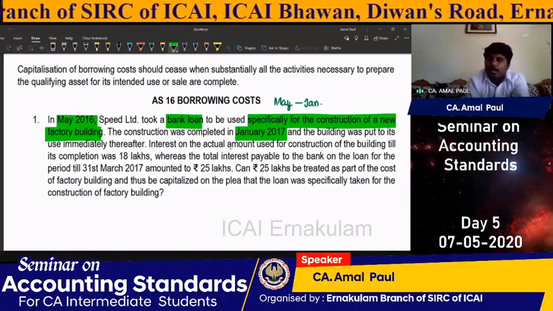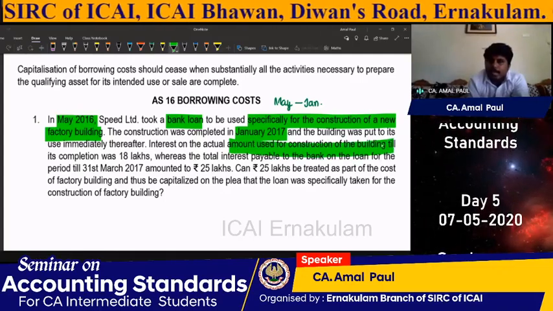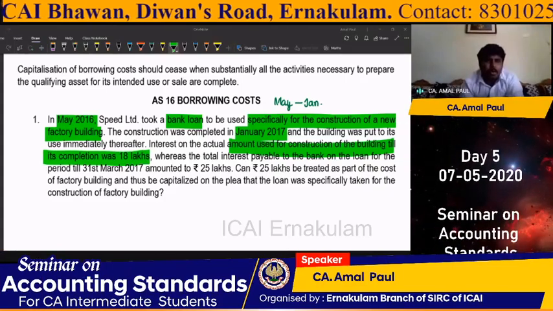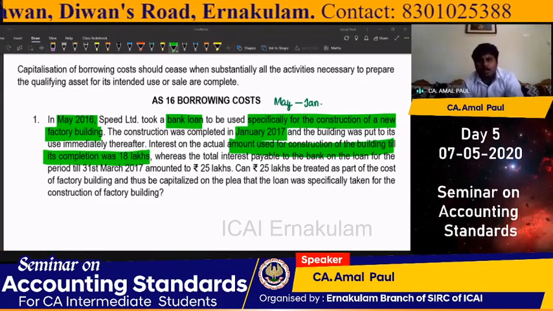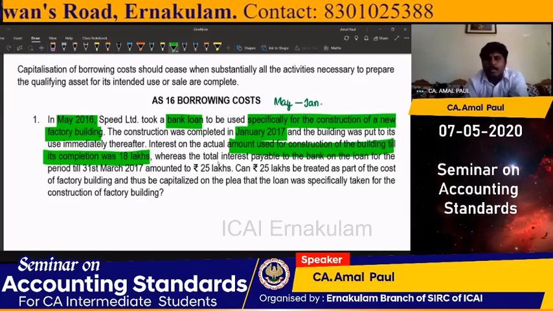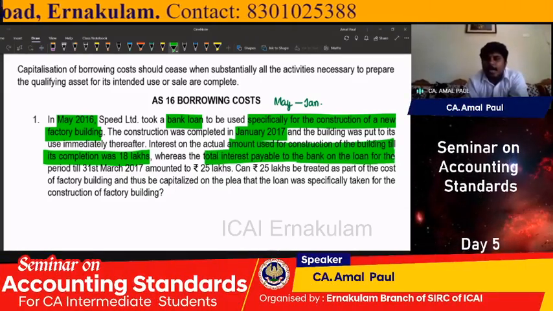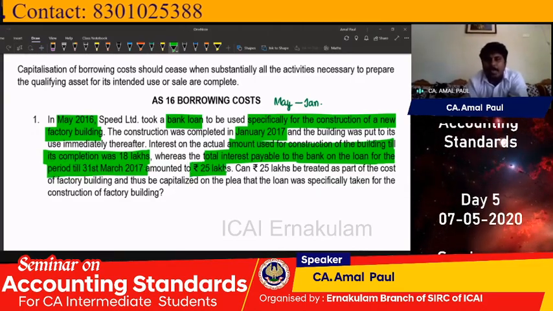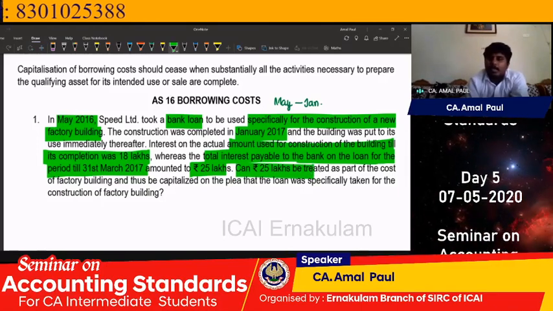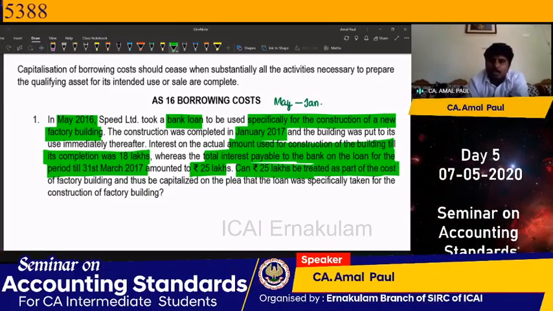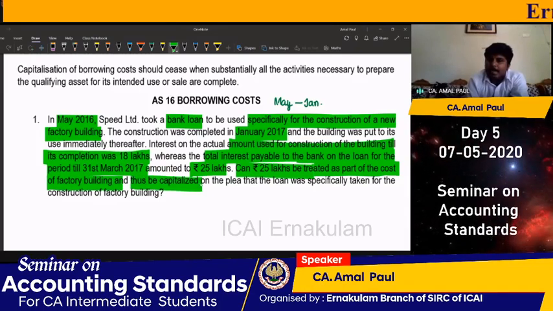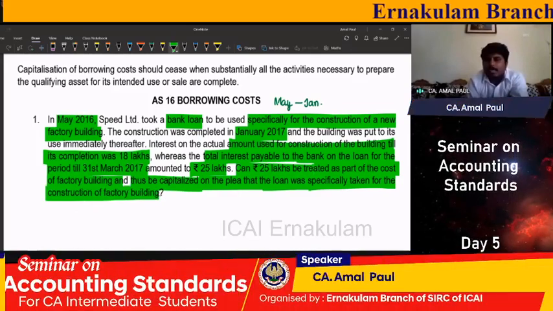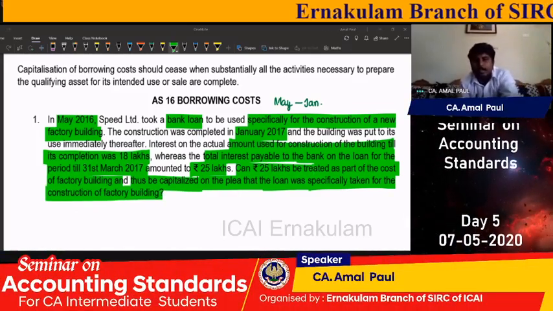Interest on the actual amount used for construction of the building till its completion was 18 lakhs. Till completion, you had only incurred 18 lakhs as your borrowing cost, but total interest payable to the bank on the loan till 31st March 2017 is 25 lakhs. Can 25 lakhs be treated as part of the cost of the factory building and thus capitalized on the plea that the loan was specifically taken for construction of the factory building?